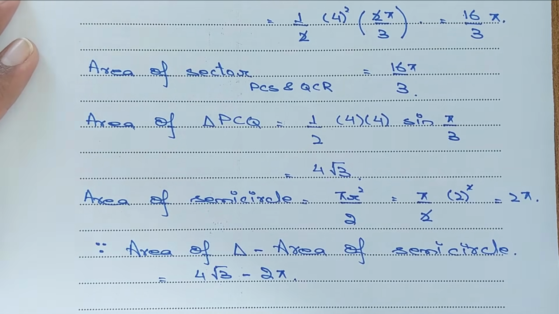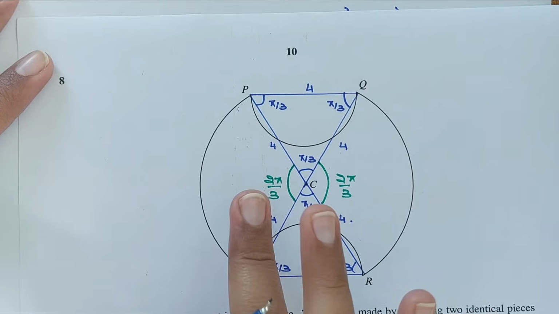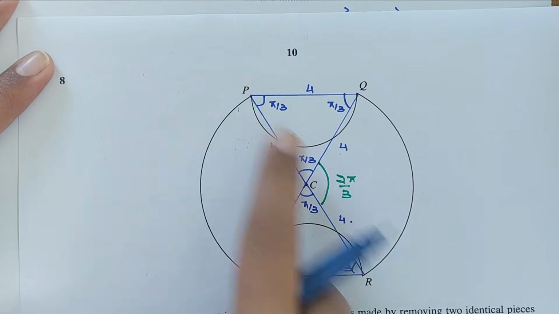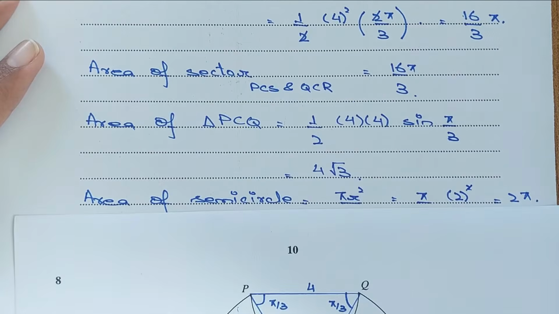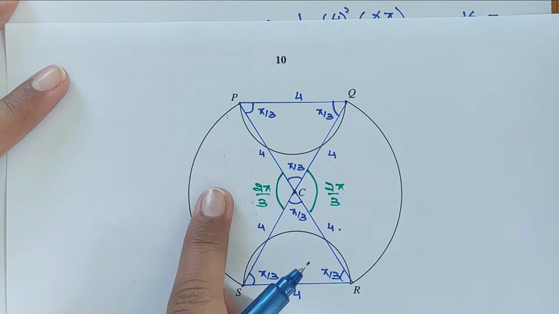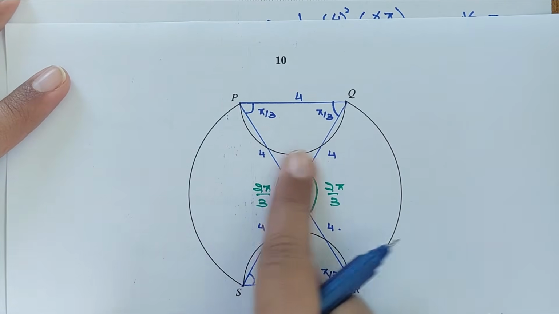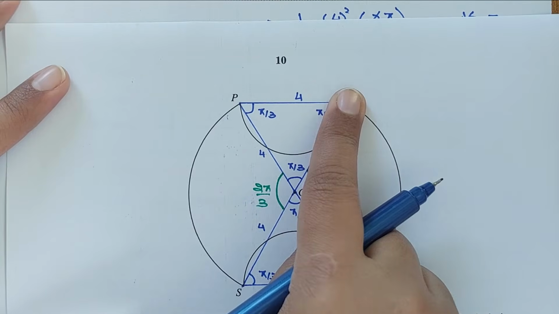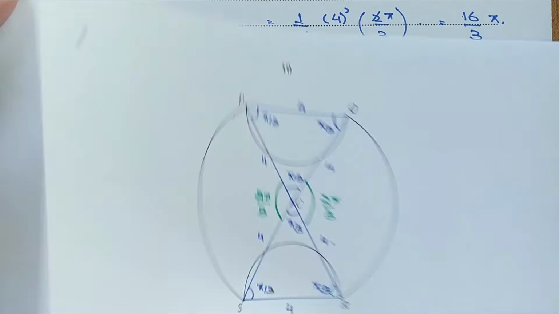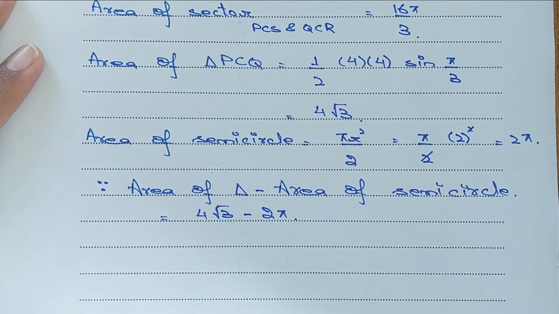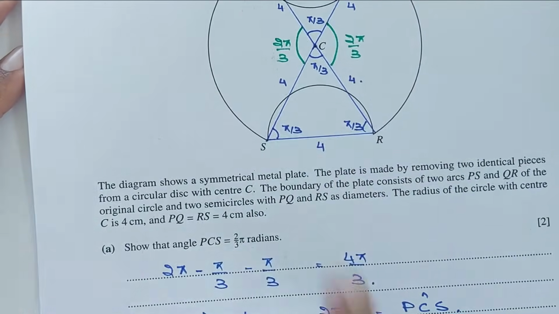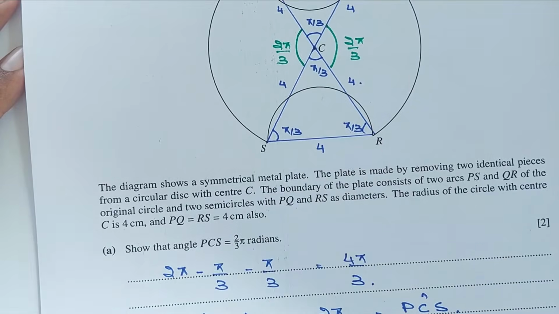So we can say that the area of this sector PCS and QCR, this is 16 pi by 3, 16 pi by 3 plus 16 pi by 3, and this area is area of a triangle minus area of a semicircle, which is equals to 4 square root of 3 minus 2 pi, and times by 2 because we have another semicircle and a triangle, right?